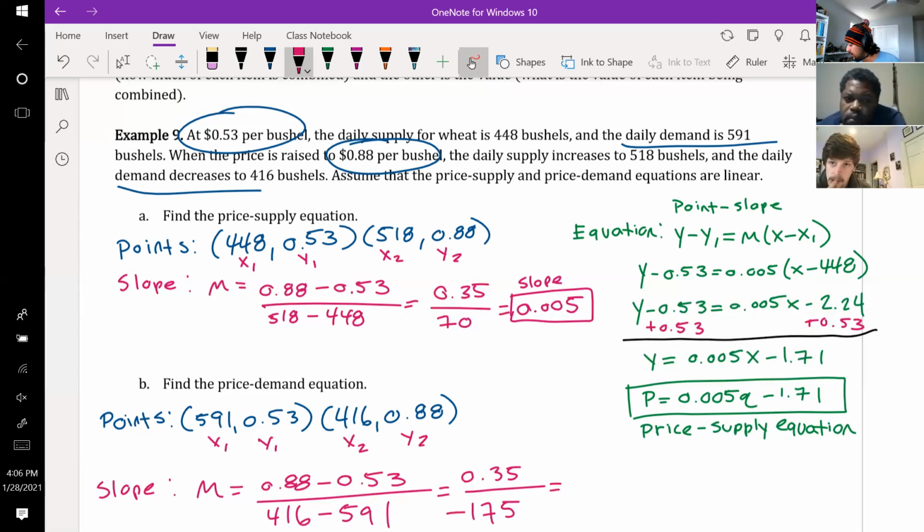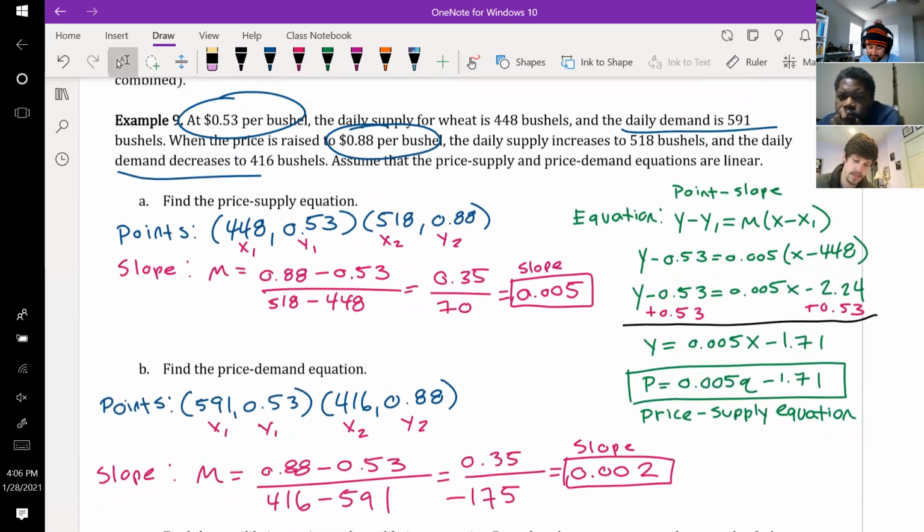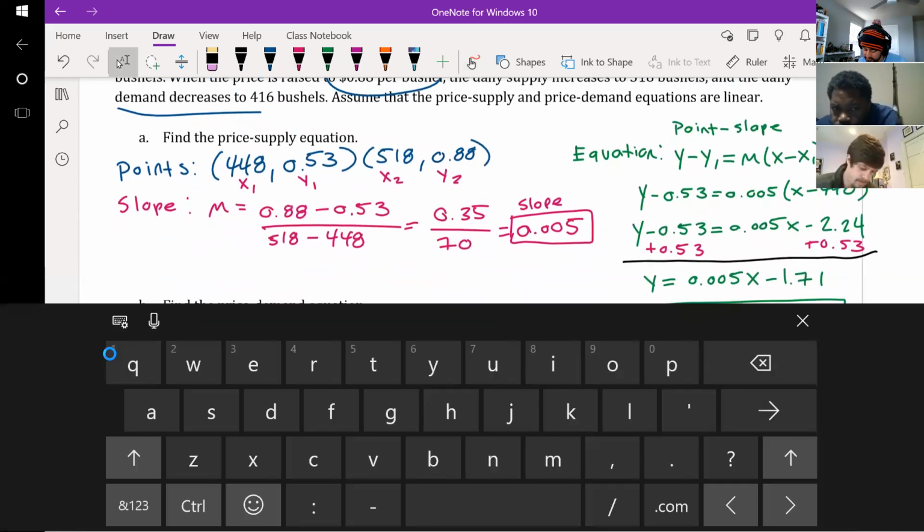And 0.35 over negative 175 gives me 0.002. Okay. And again, same process here. I'm running out of room. It's okay, I can probably write to the right side.